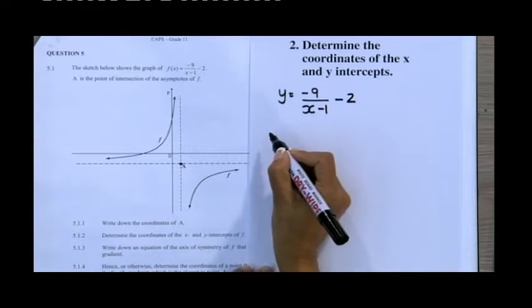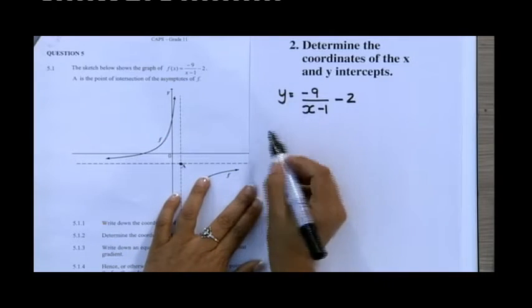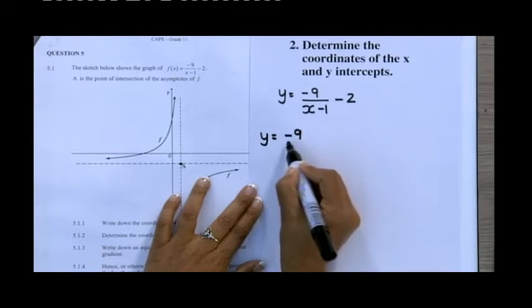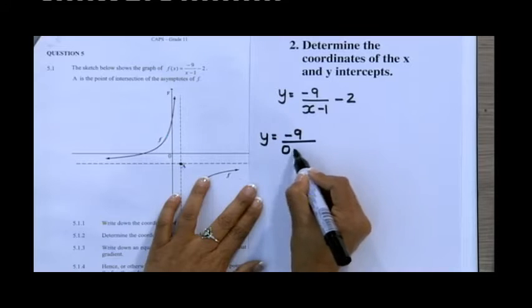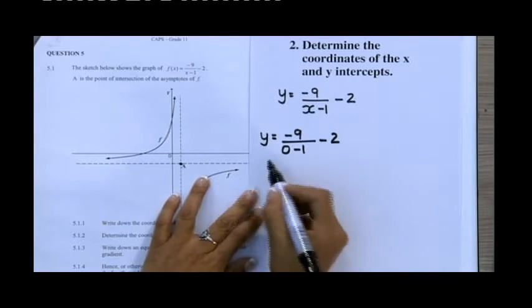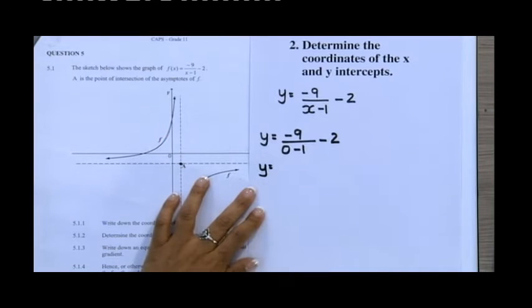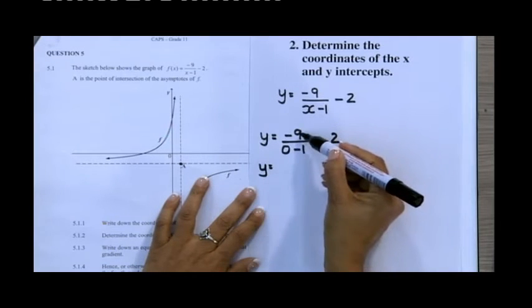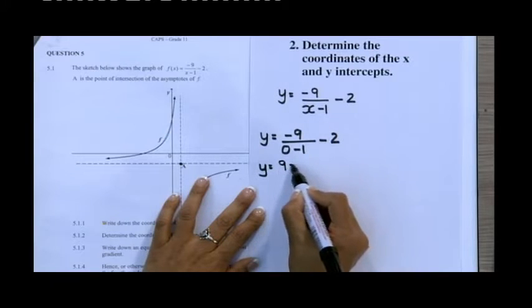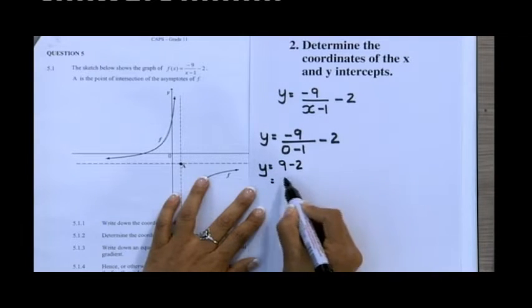I am first going to determine the y-intercept. So if I'm going to get the y-intercept, what must I make 0? I make x 0. So x becomes 0. All the other numbers remain the same. Can you see that you are now able to find the y-intercept? Negative 9 over negative 1 gives you 9, and 9 minus 2 is 7.